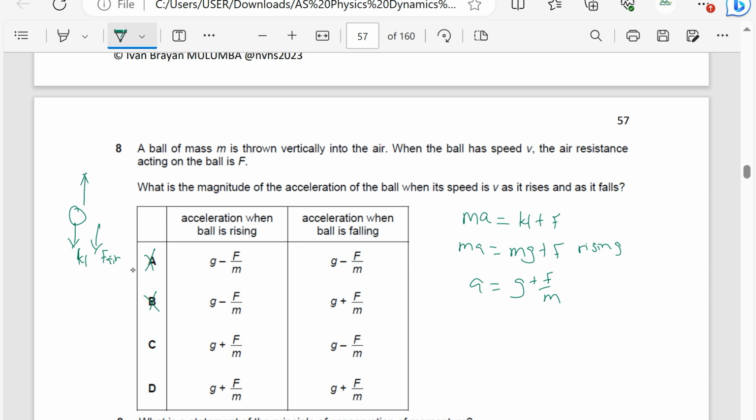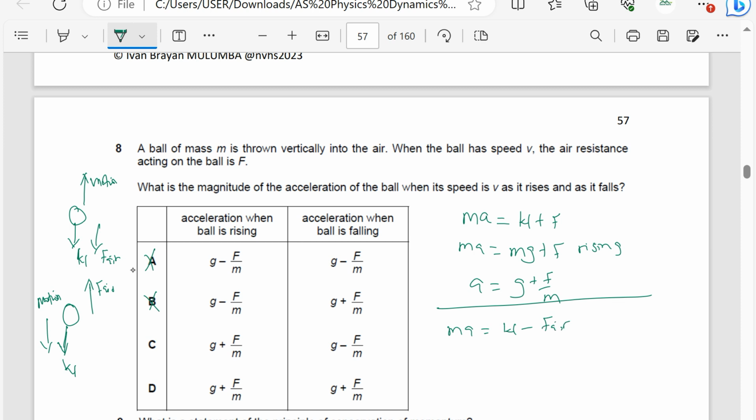Now when it is falling, the weight is downwards. So this was the direction of motion. The weight is downwards, motion is downwards. So it means the force due to air resistance is in the opposite direction to motion. So when it is falling, the resultant force ma is going to be the weight downwards minus the air resistance upwards.